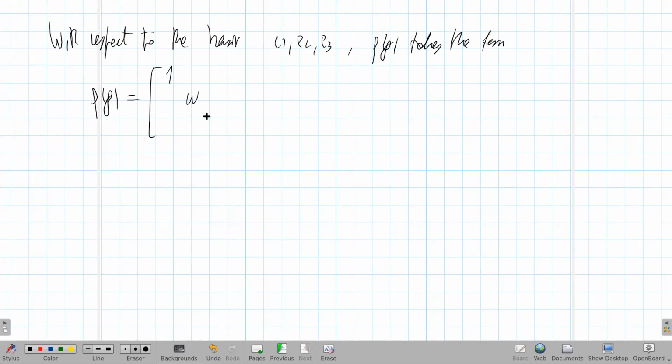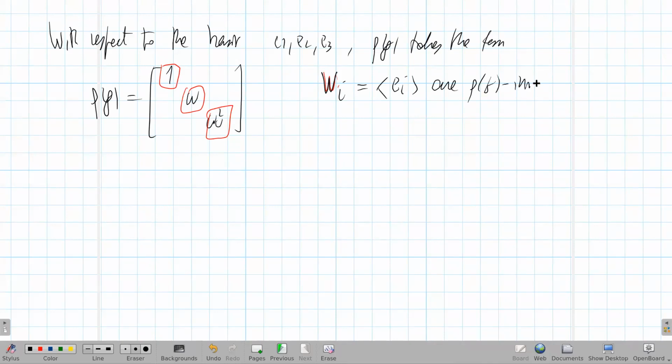So 1, omega, omega square, okay? I'm not writing the zeros, okay? So I have diagonalized this as well. And of course, rho g square is just the square. So it's 1, omega square, omega, okay? And once more, we find 3 sub-representations, because the subspaces Wi generated by Ei are rho g invariant subspaces.